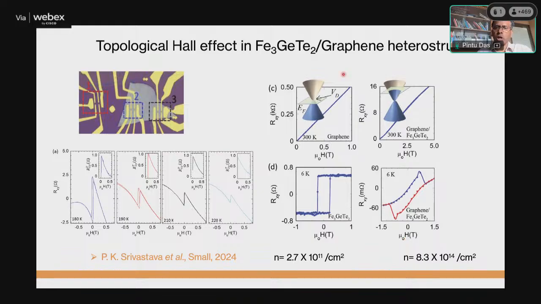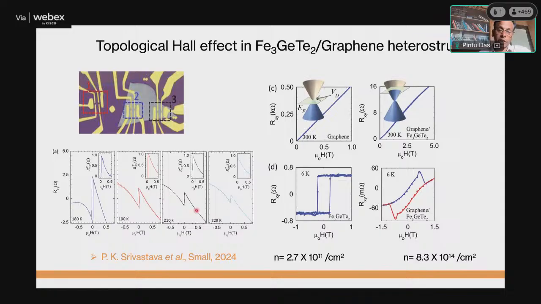One of the works that we did is on the same system, but then we put graphene on top of that and made a heterostructure. This is a literature result. They had shown that with graphene they see a certain kind of behavior, but it was not clear what this is exactly.